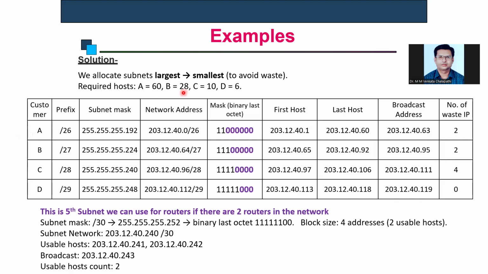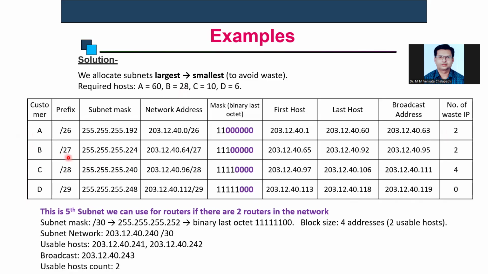Then for customer B, we require 28 host addresses. We can't consider 28 like this because we consider everything in powers of 2. The nearest power of 2 is 32, which is 2 to the power of 5. So 32 minus 5 is equal to 27.